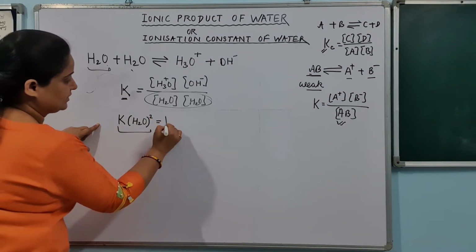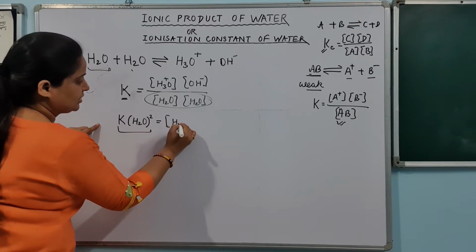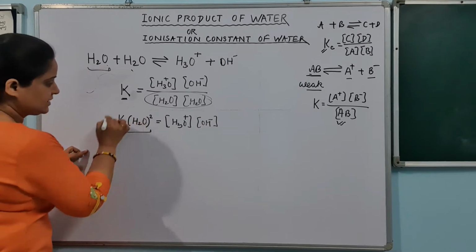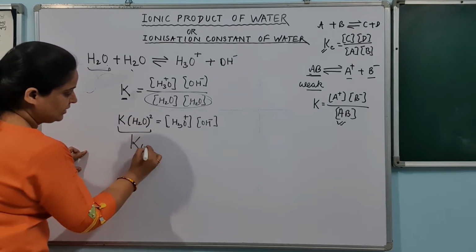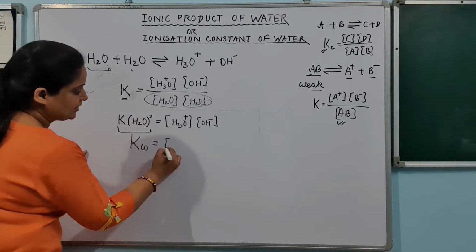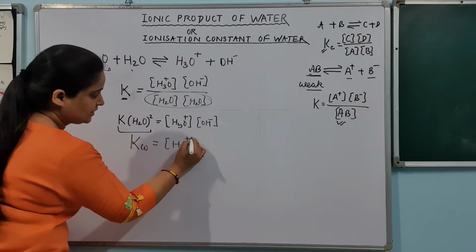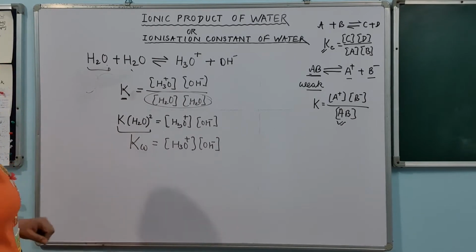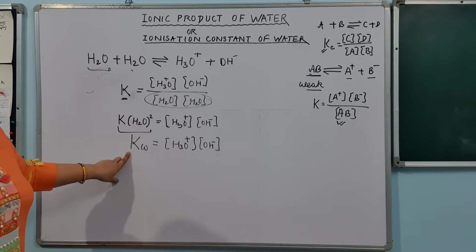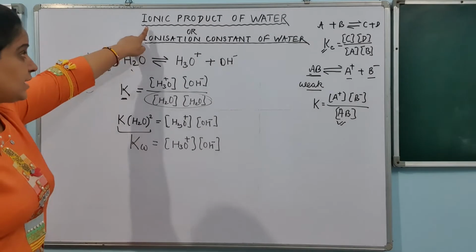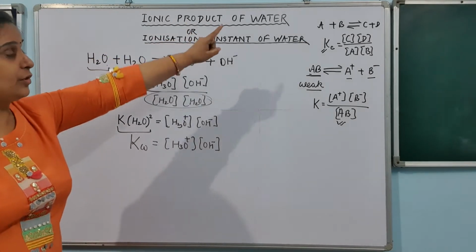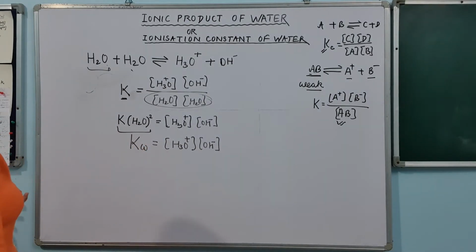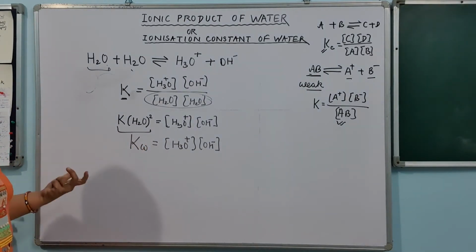This will be constant and it will be equal to H3O plus and OH minus, and this I am replacing as K, replacing by Kw. So this is H3O plus ion and OH minus ion. This is what we have: the ionic product of water. So the product of water's ions is called ionic product of water. I hope it is clear.